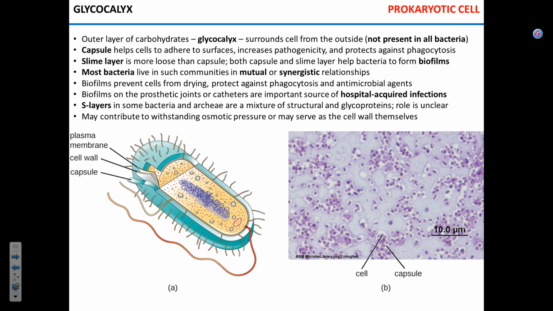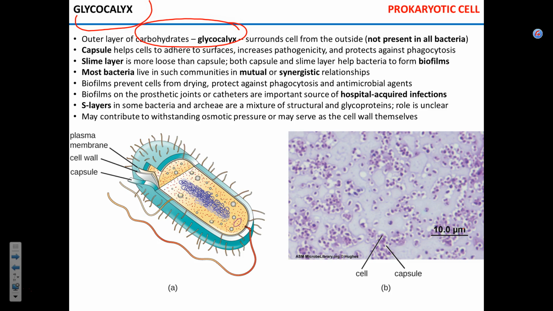Going out of the cell wall, there is a covering that some microbes have called glycocalyx. It's a layer of carbohydrates. And this layer of carbohydrates in bacterial cells usually comes in two flavors: slime layer and capsule. Capsule is more rigid.